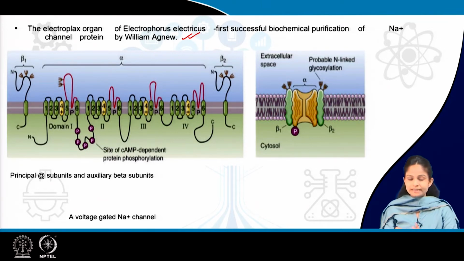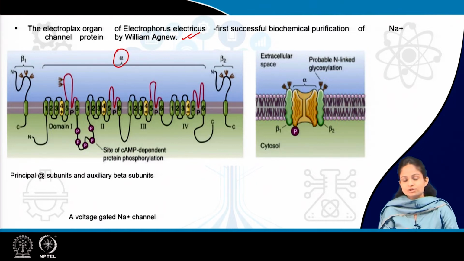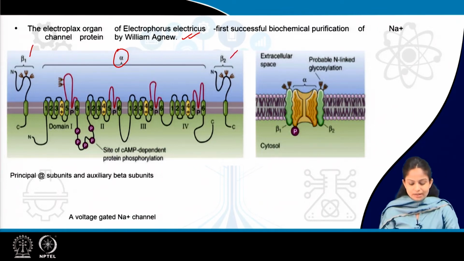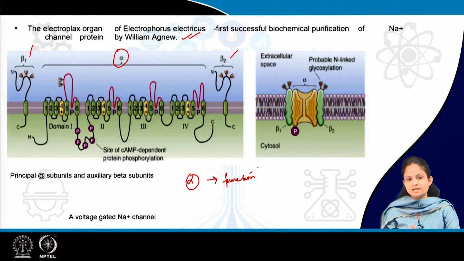Now, generally a sodium ion channel has a principal alpha subunit and also beta subunits, mainly beta 1 and beta 2. The alpha subunit is responsible for the function, that is the pore is present in the alpha subunit.